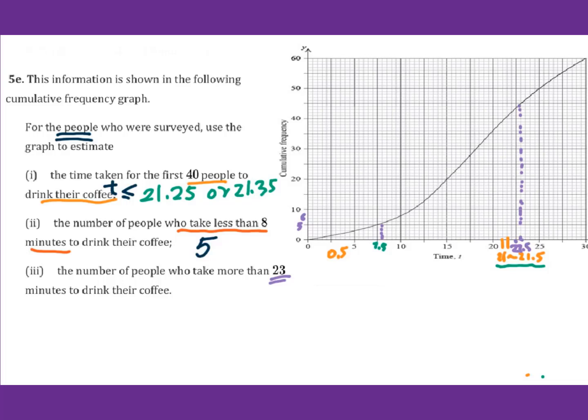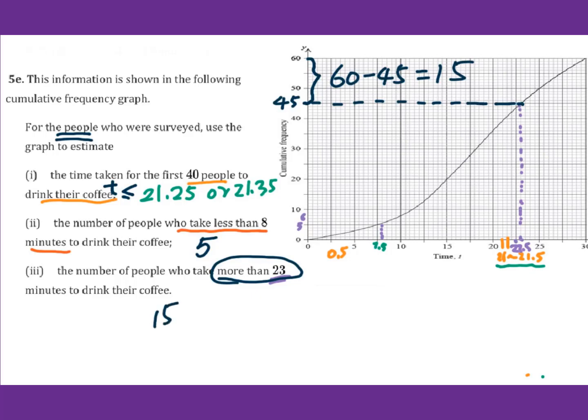You could clearly say it's this line, 45. But they said more than 23, which means people between 60 to 45. We have to do subtraction. That's the number of people. So 15 will be the solution.